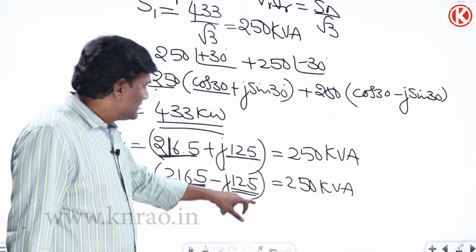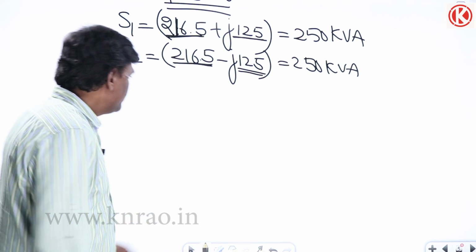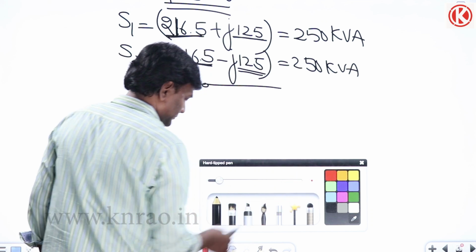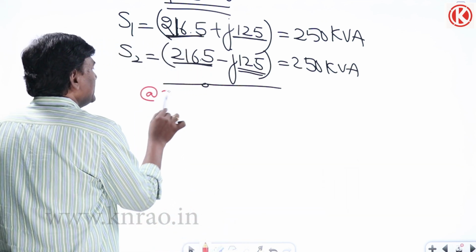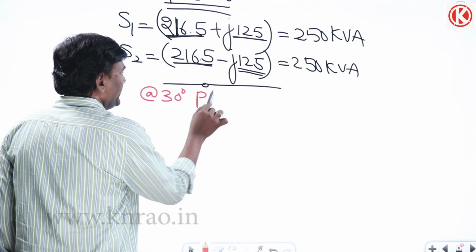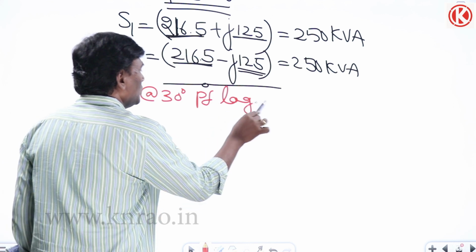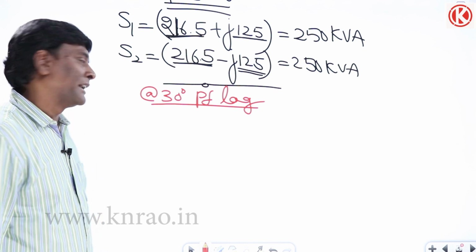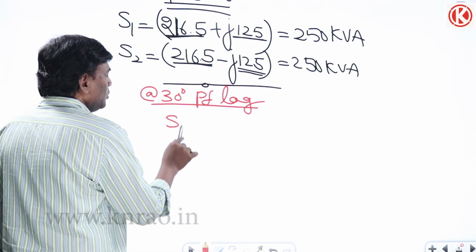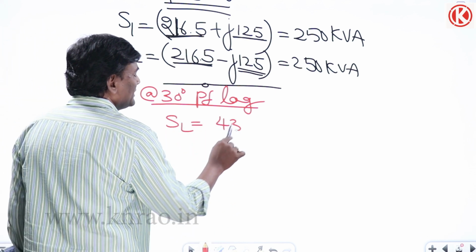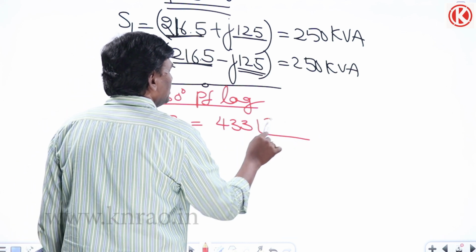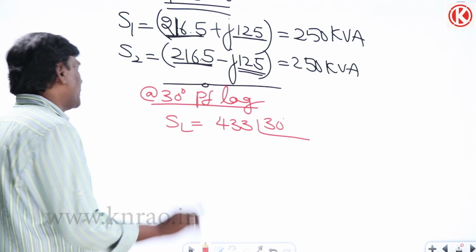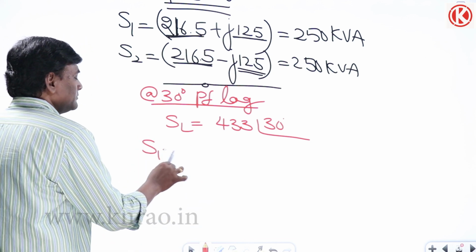Now let us think of a power factor at 30 degrees PF lag. The load is having 30 degrees PF lag. So how much will be the load? It is going to be 433 kVA at an angle 30. Now how much is S1?